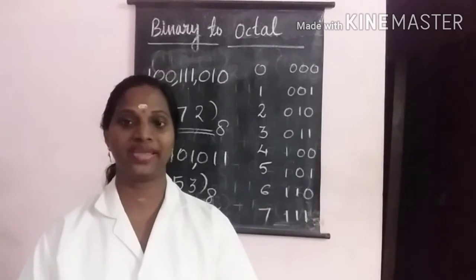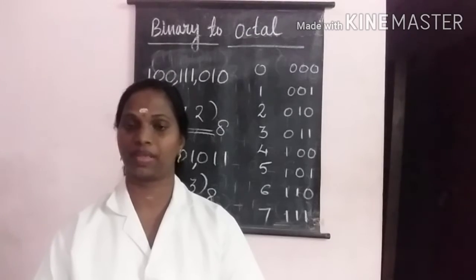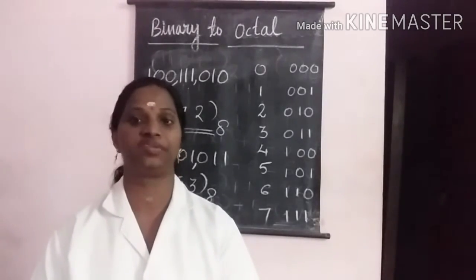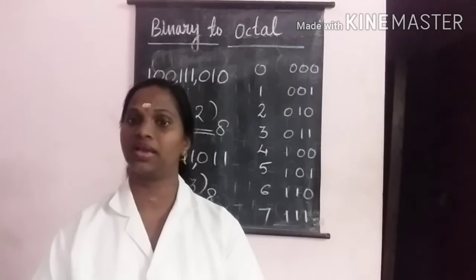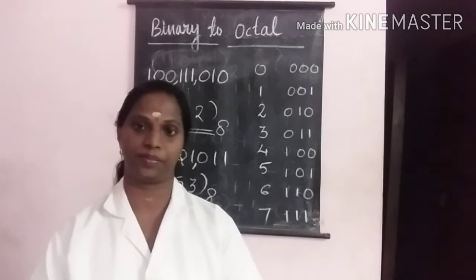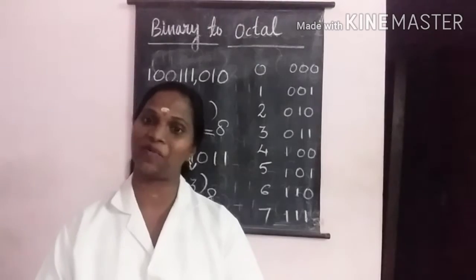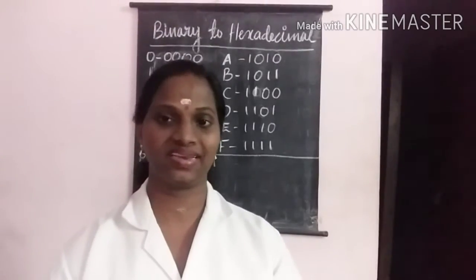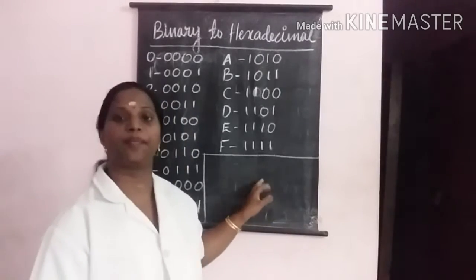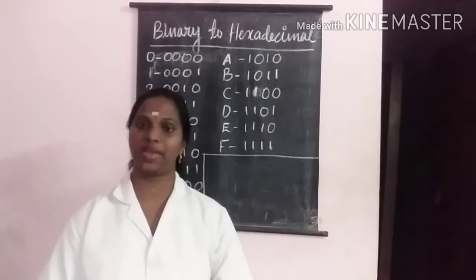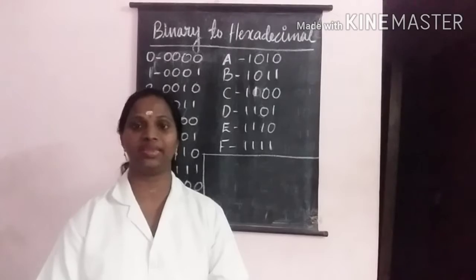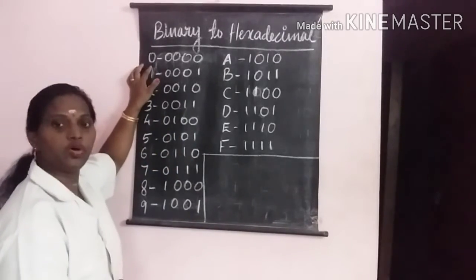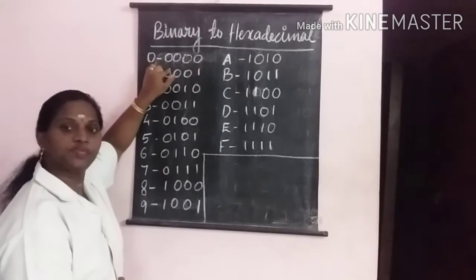Next one, binary to hexadecimal. In that system also you need to study the hexadecimal representation of a binary number, or the binary representation of a hexadecimal number. See children, here I am giving the binary representation of hexadecimal numbers 0 to 9 and A to F. First, 0 means 0, 0, 0, 0.